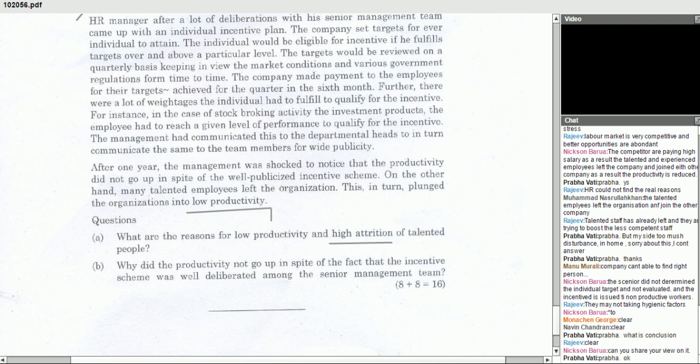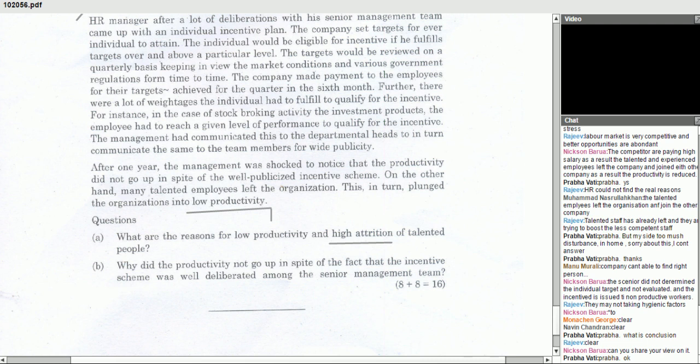See, what the organization is offering to the employees is a performance-based incentive or target-based incentive, increase in salary, right? Now see what happens in the organization. The targets are set so high that it is very difficult to achieve, right?